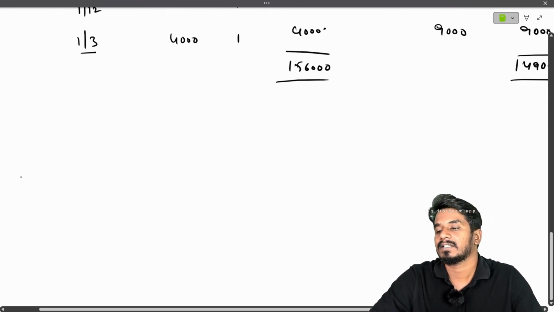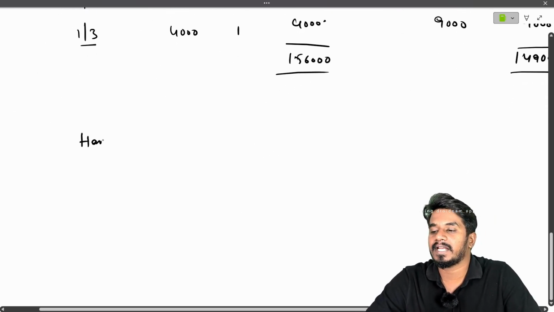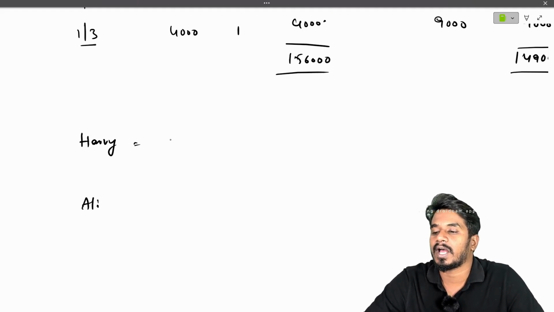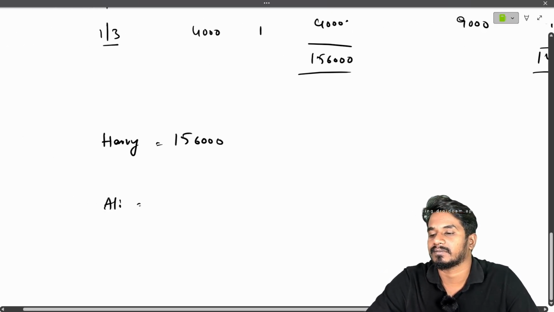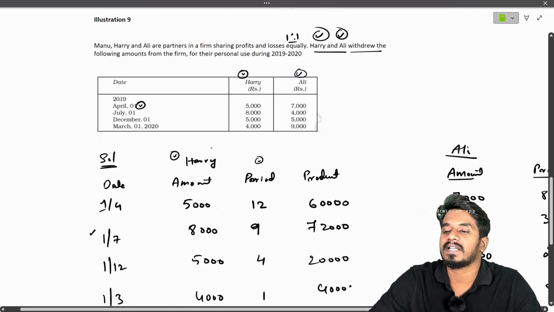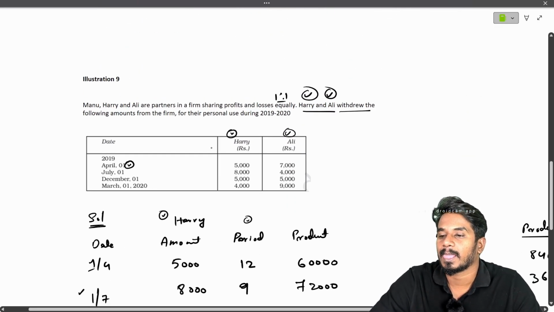Understood? Yes. So now we can calculate interest on drawings for Harry and Ali. Harry's total product is 1,56,000, and for Ali it is 1,49,000. So what is the interest rate given in the question?